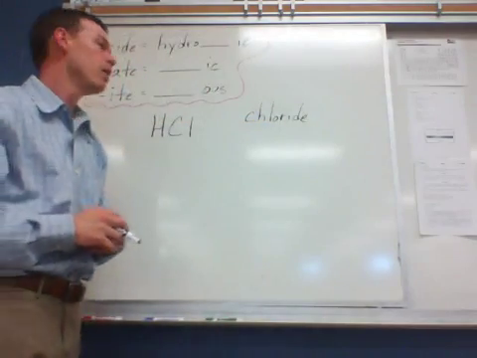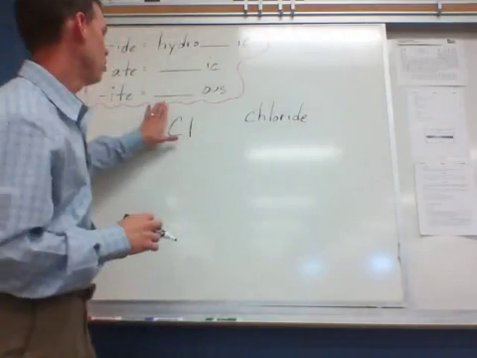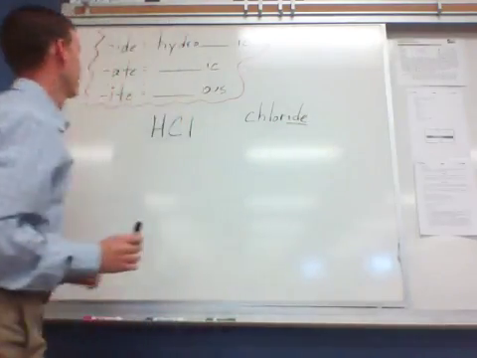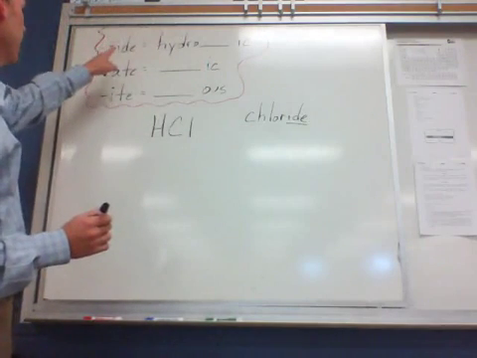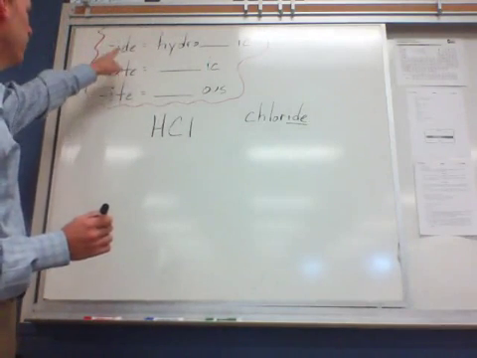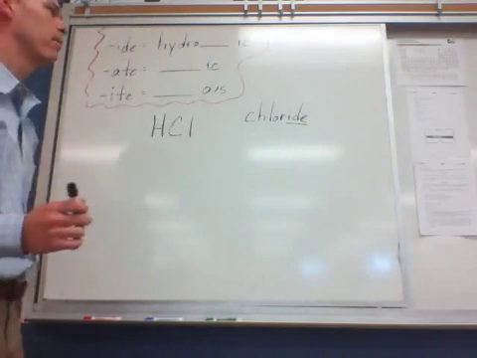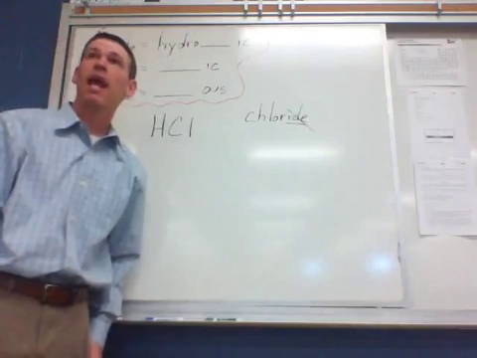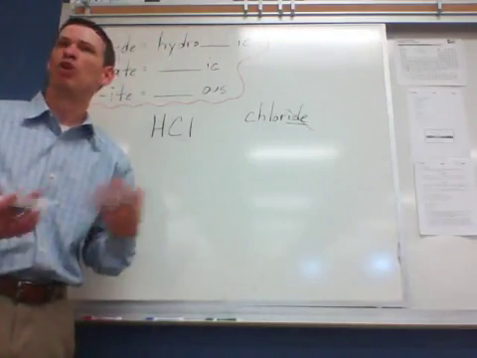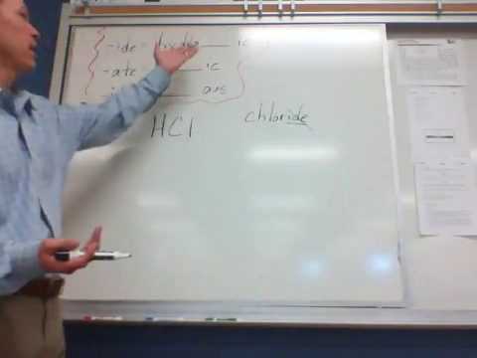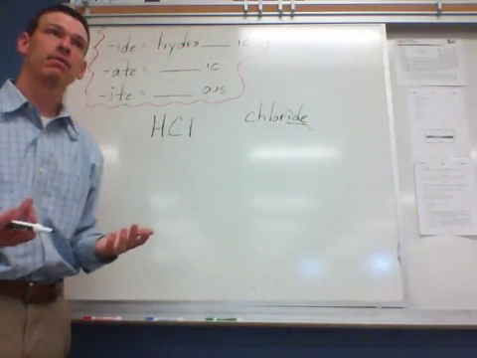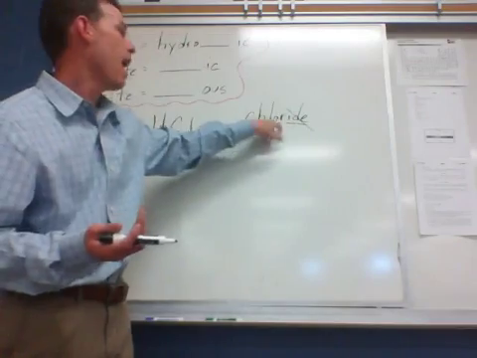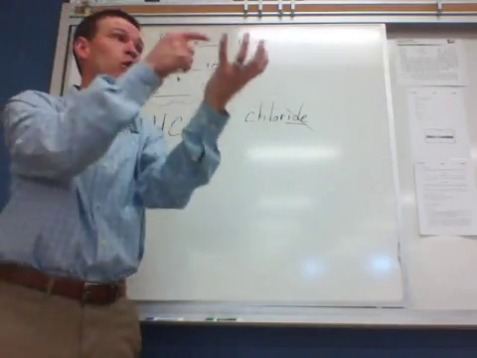Here's what you do. You take a look at the way you said that word, and it will end in a certain suffix. And you find that suffix here. Do you see ide, up top? What we're going to do is get rid of the ide and put the root of the word, the leftovers, into the appropriate blank. So I don't want the ide anymore. I just want the chlor. Do you see the chlor?